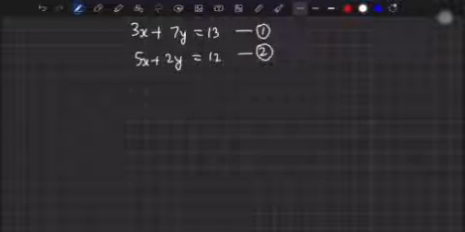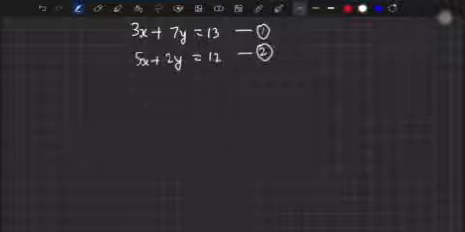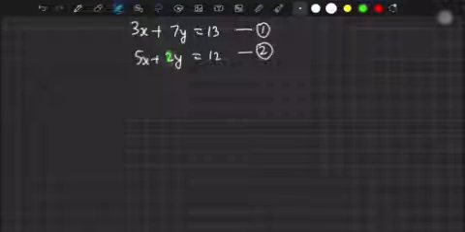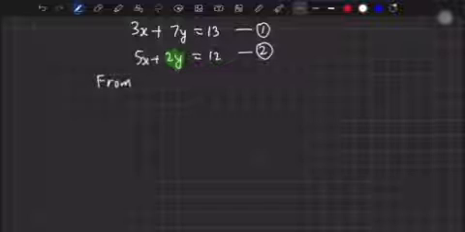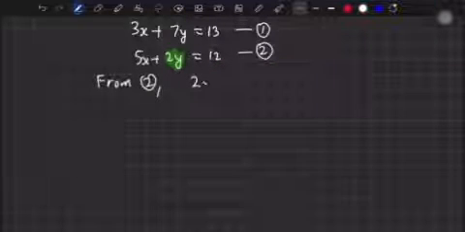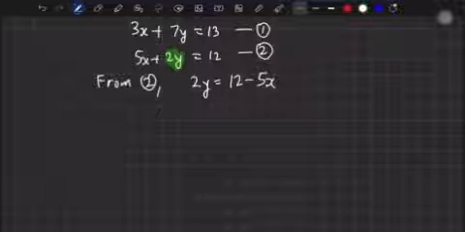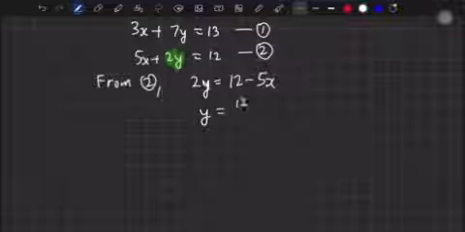When we choose the substitution method, we will pick the smallest coefficient to make it the subject. So the smallest coefficient is 2y. From equation 2, it will be 2y equals 12 minus 5x. Then I divide by 2 on both sides, so I have y equals 12 minus 5x over 2, which is my equation 3.